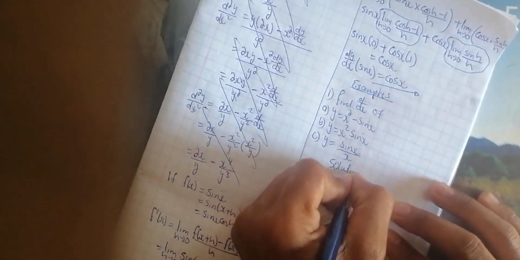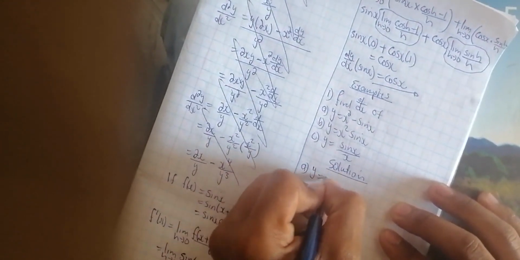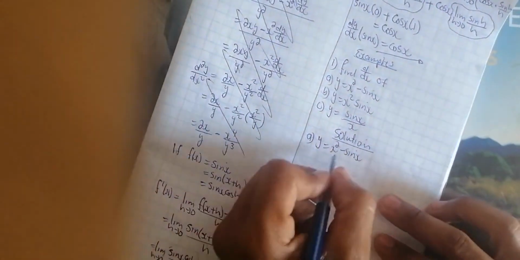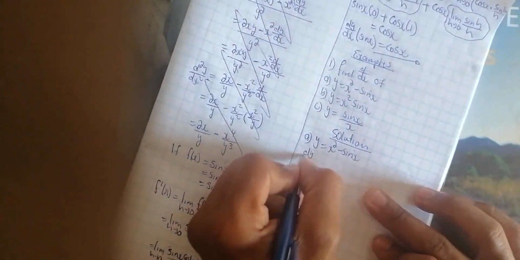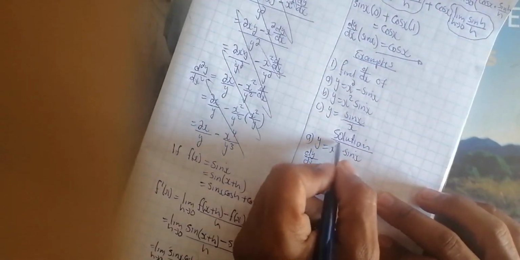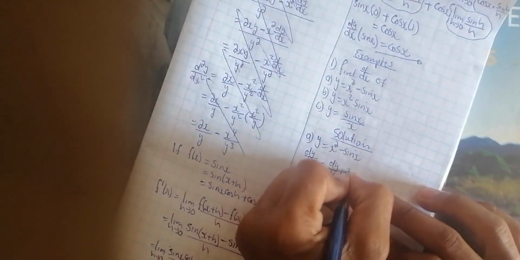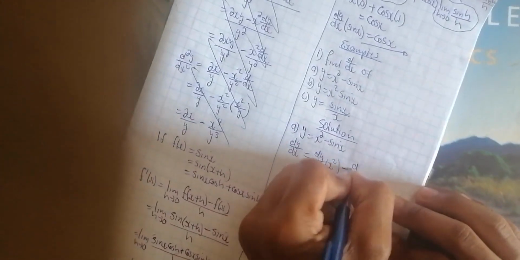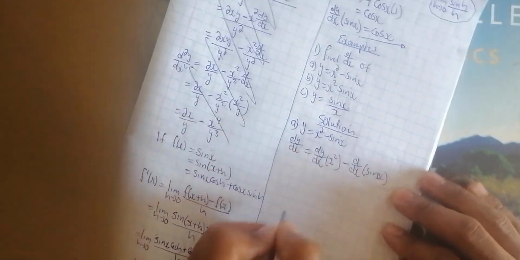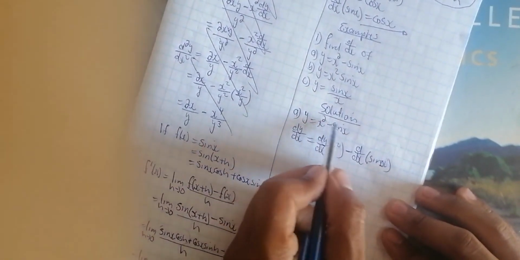So I'm just going to say solution, and I'm going to write number a, y equals x squared minus sine x. Okay, this is fine. Now dy over dx will be equal to, you're going to take the derivative of this, dy over dx of x squared minus dy over dx of sine x. Right, because this is two functions.